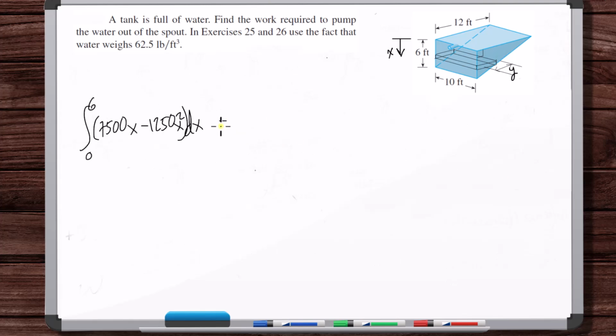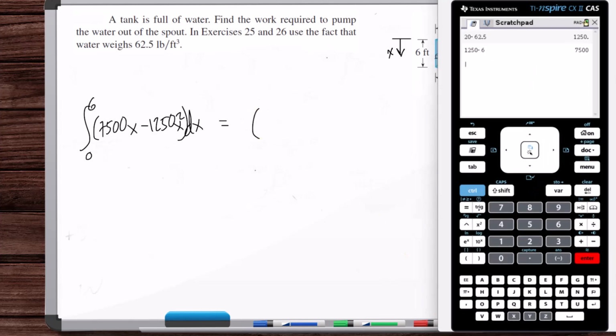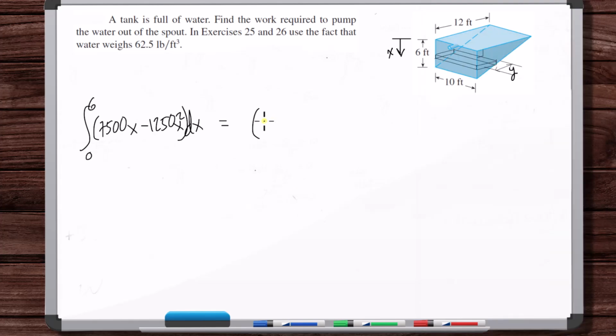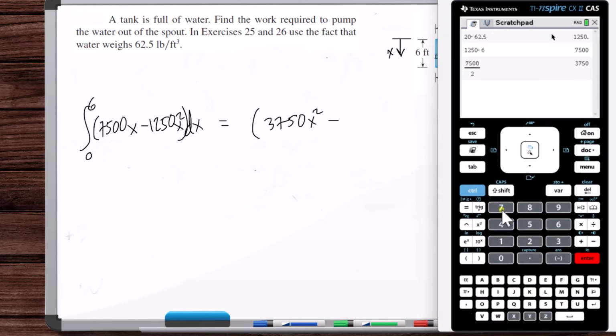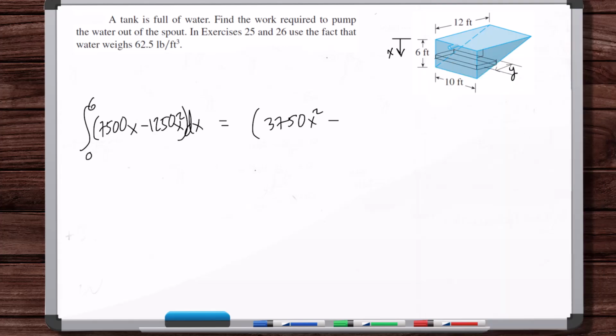Okay, so we've got 7,500 divided by 2, 3,750 x squared minus 1250 divided by 3 is 416.7 x cubed.